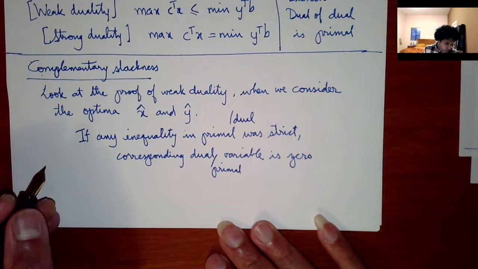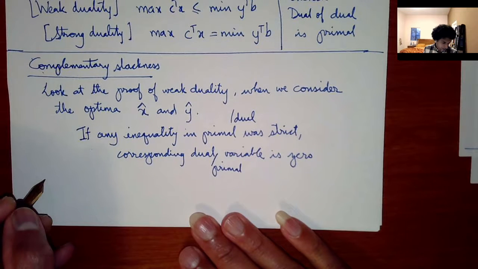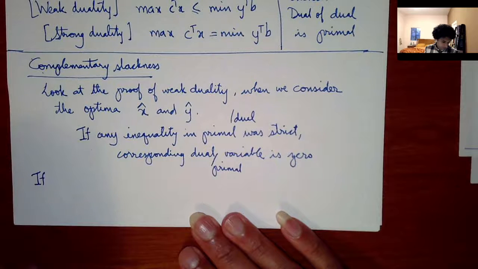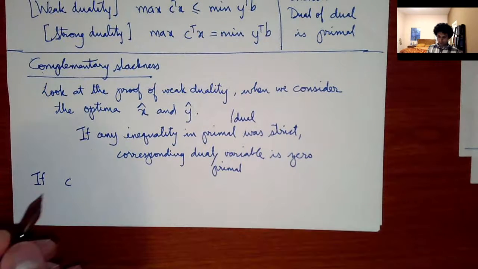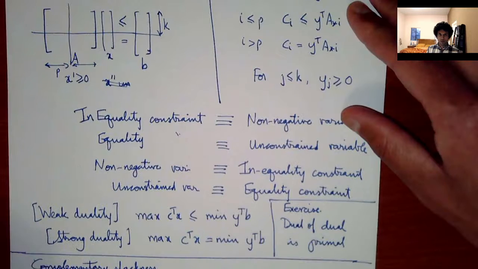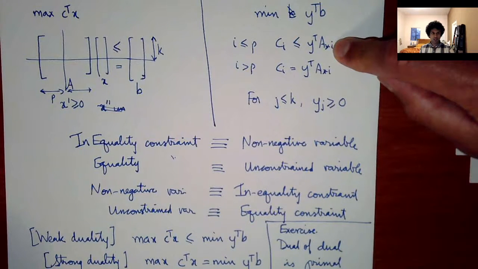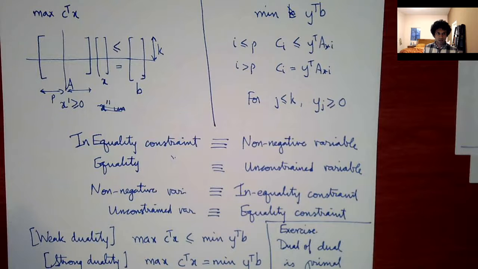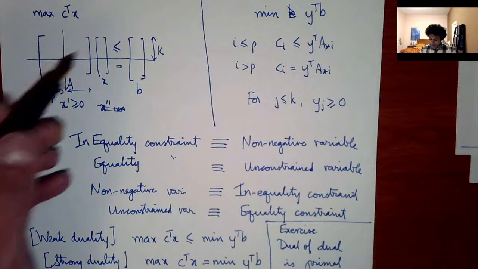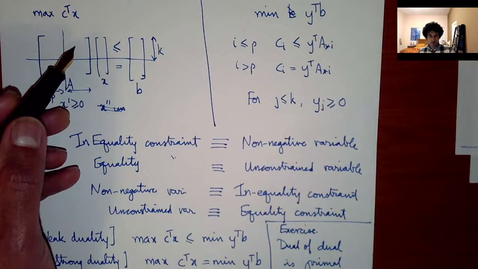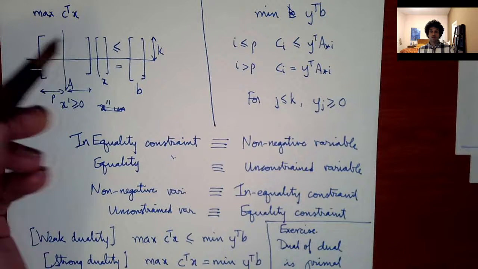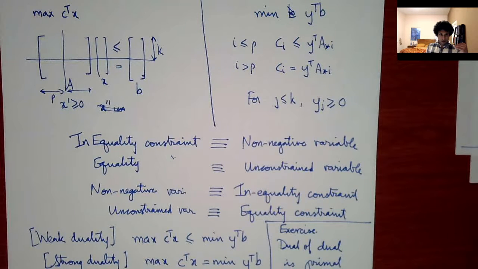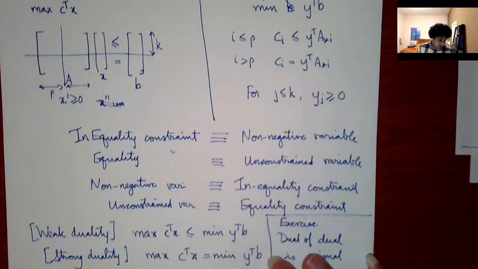So I'll write this out more formally over here. Remember that you have these constraints here. If this inequality was strict for y hat, which is the optimum y, then the primal variable there is 0. And if one of these inequalities was strict, then the dual variable is going to be 0. So let me write that down.